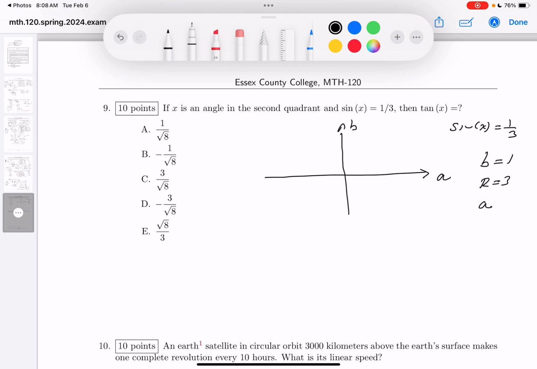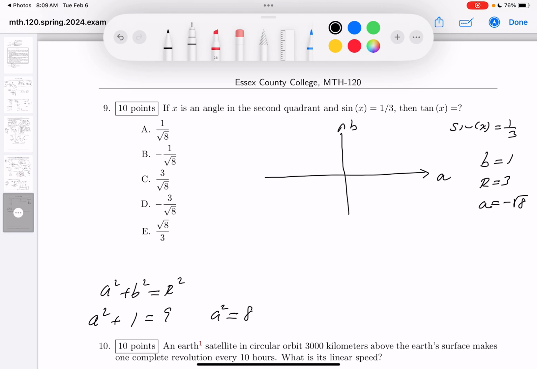And the a, let's write this over to the side, a squared plus b squared is equal to r squared. What's a squared? I don't know. What's b squared? It's 1. What's r squared? It's 9. So a squared is going to be 8. So the a is going to be, well, looking at it, it's in the second quadrant, right? So the a has got to be minus root 8.